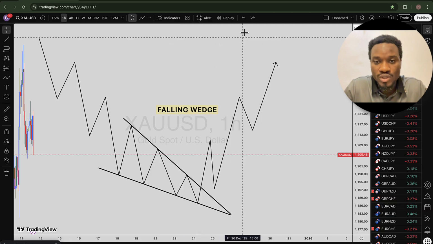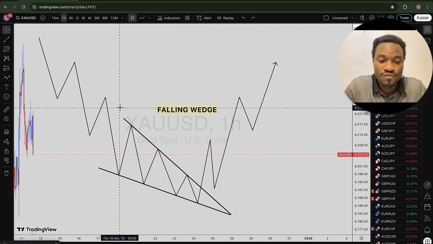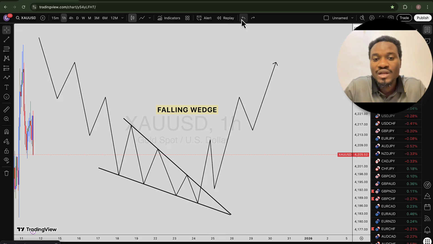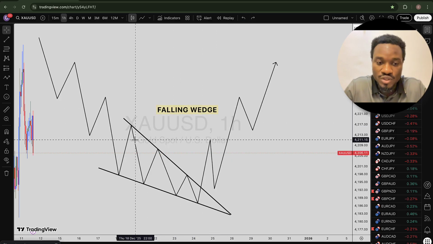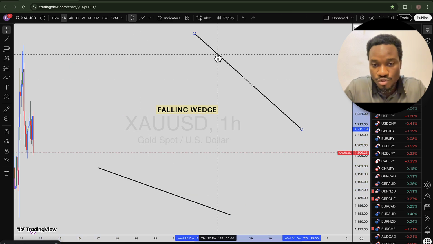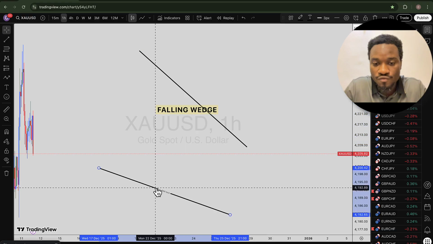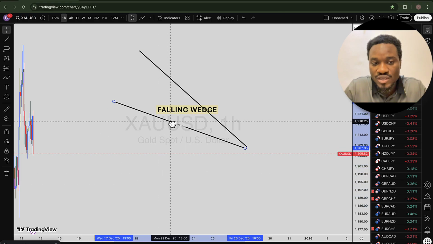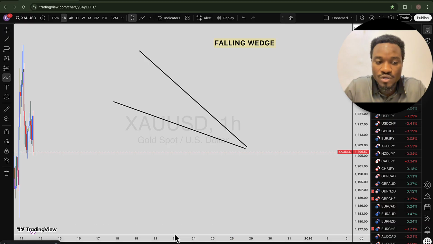Now, once we understand how a falling wedge can be used for the reversal of a downtrend to an uptrend, let us revise how this pattern can also be used for the continuation of an uptrend market structure. Just like what I drew earlier, in an uptrend market structure we have price moving up like this.